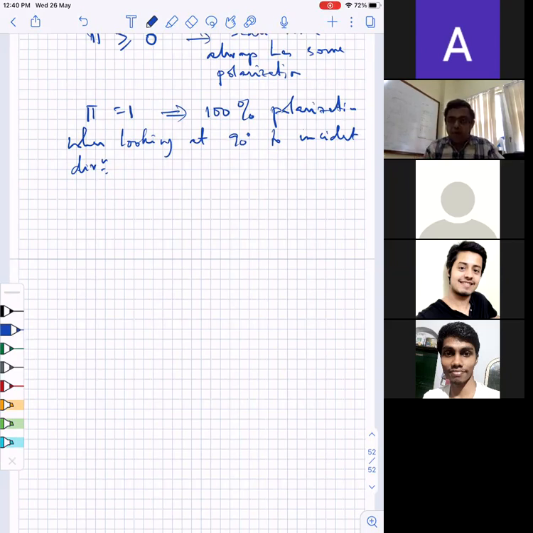This idea of work and energy is what is known as radiation reaction. Because of radiation, there is some reaction back on the system. The electron is losing energy, so something is happening to the electron. So we're going to start the topic of radiation reaction.